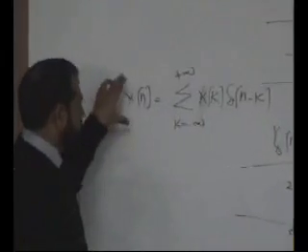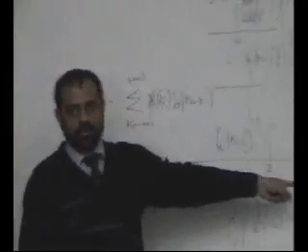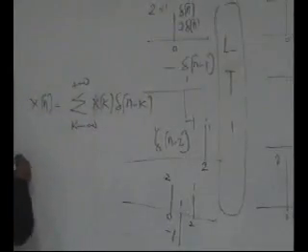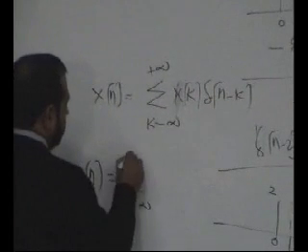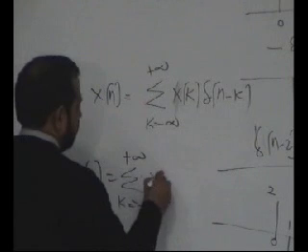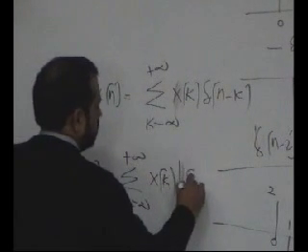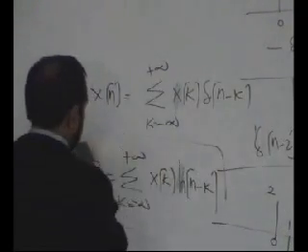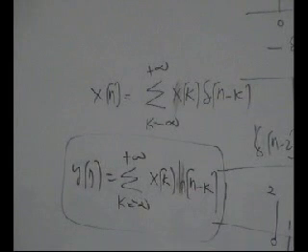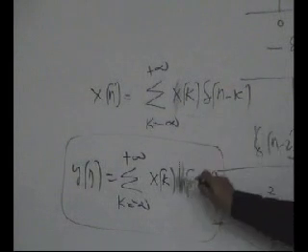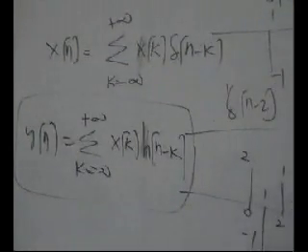Means if I represent an input like this, provided the system is linear and time invariant, my output will be a summation of weighted shifted impulse responses. Same weight, the weight of the impulse, and instead of an impulse I copy the impulse response. That's it.